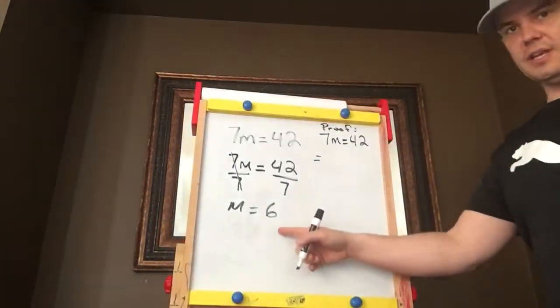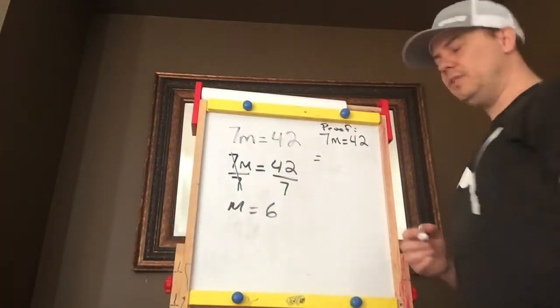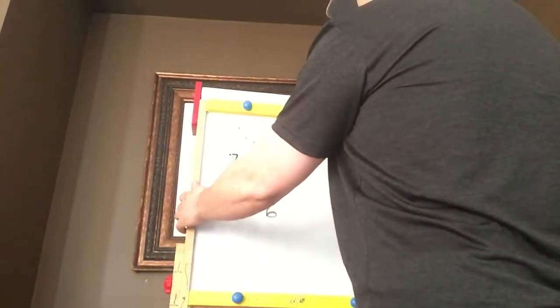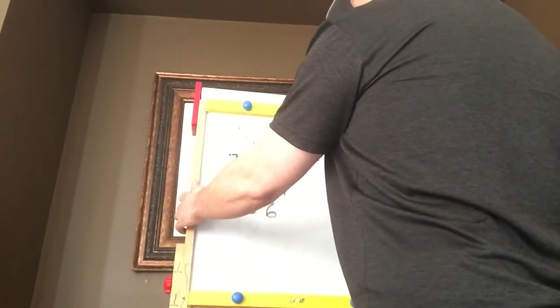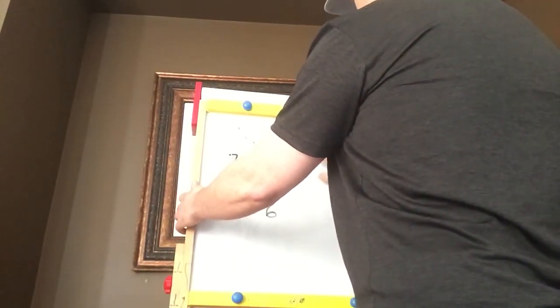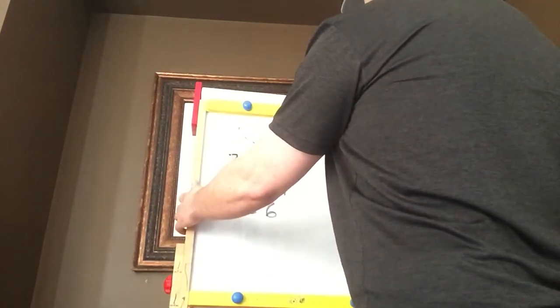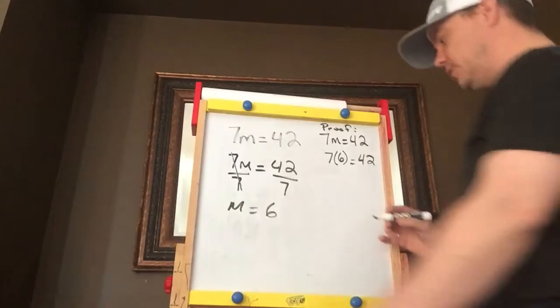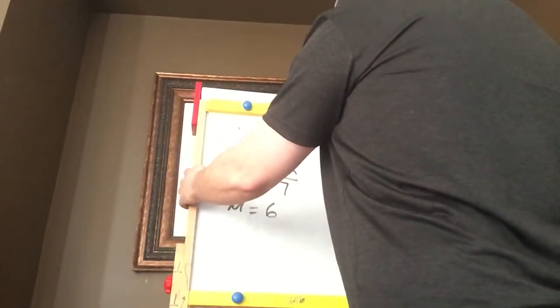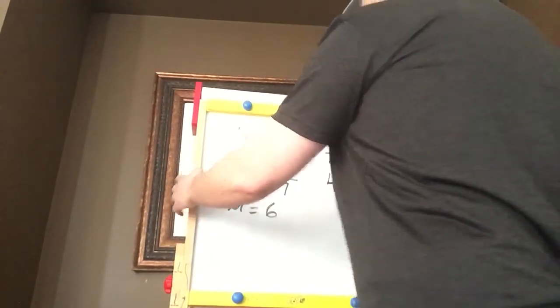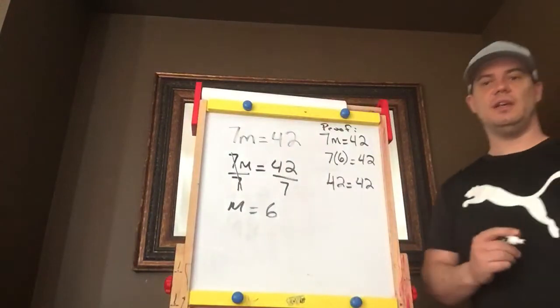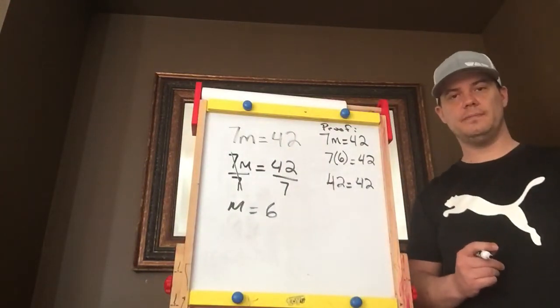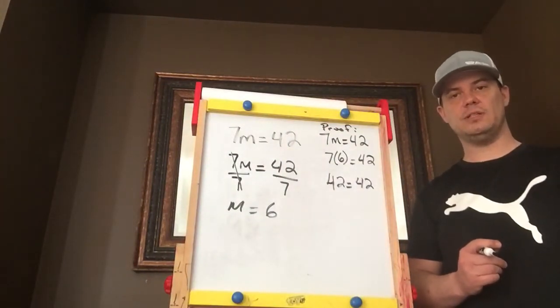So we know that now that m equals 6, or at least that's what we believe to be true. So we take this m out and put a 6 in its place. Okay, and 7 times 6 is in fact 42, which means we got 42 on both sides of the equal sign, meaning our equation is balanced and that we got the correct answer. Okay, so that is how you check your proof.